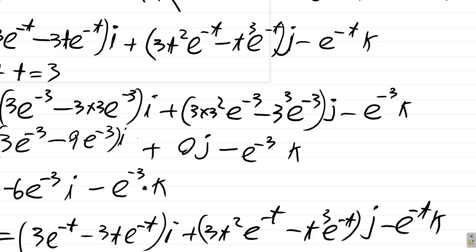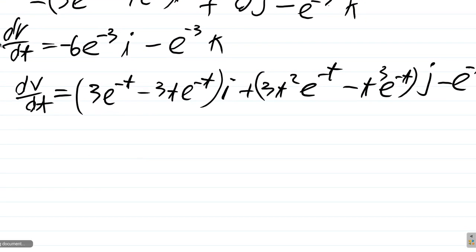Then you differentiate this again with respect to t. So you're finding d squared r by dt squared. That's what you're finding here.